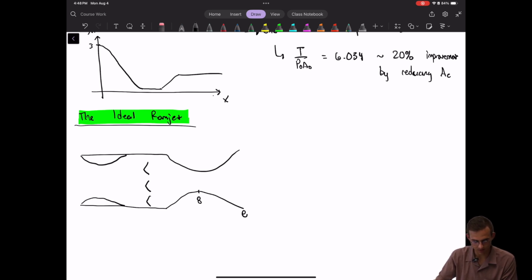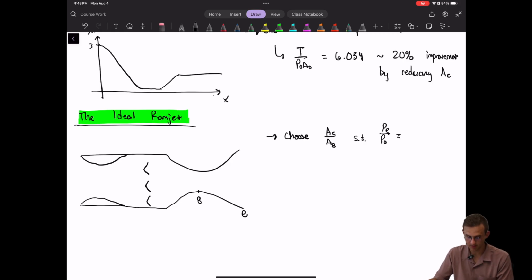So here's what we'll do. We're going to choose AE over A8 such that we are perfectly expanded, or that PE over P naught is equal to 1.